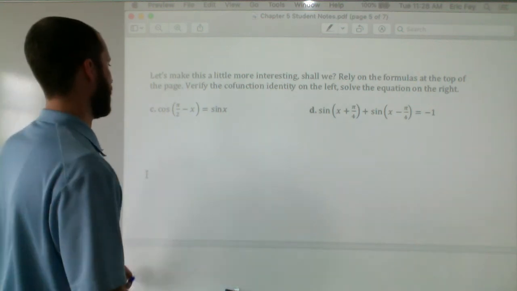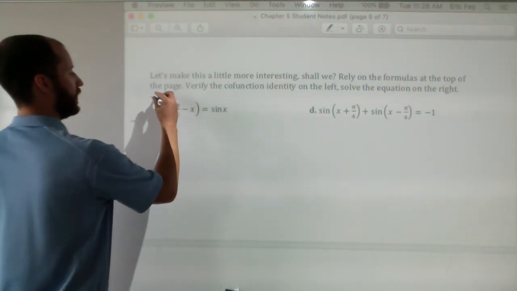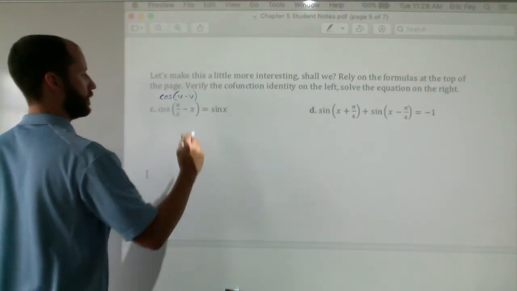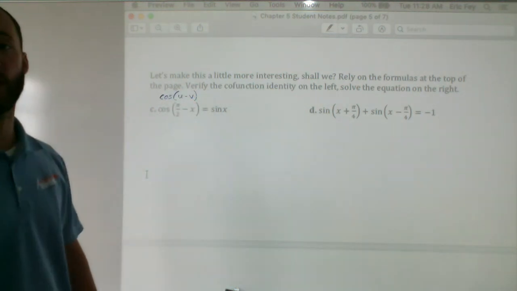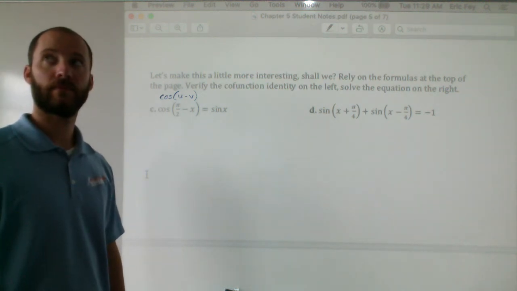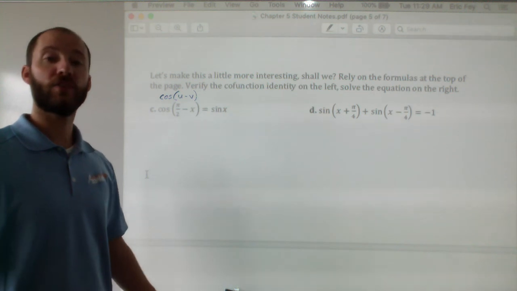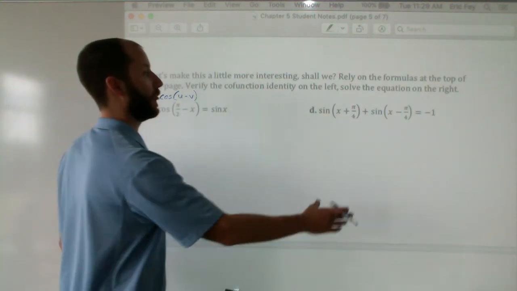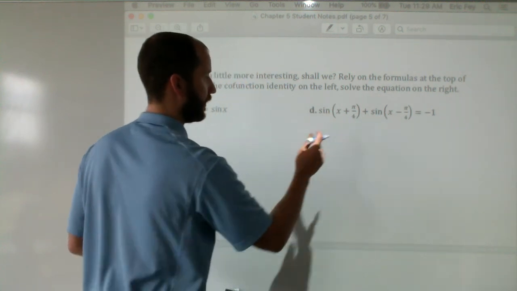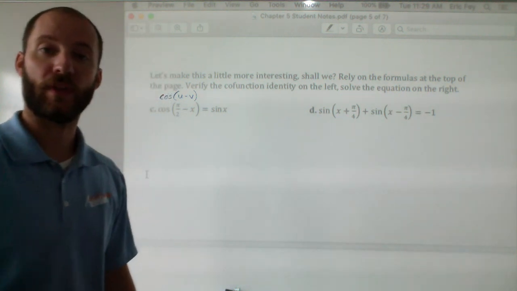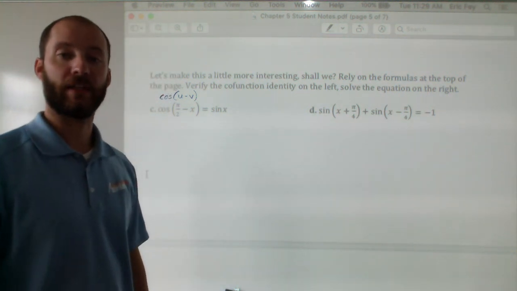What I mean by that is think about using this substitution, the difference for cosine. Using the sum or difference formula, can you verify the cofunction identity? Over here, solving this equation, solving for x. When you do those, you can also check the answers with my completed notes online.